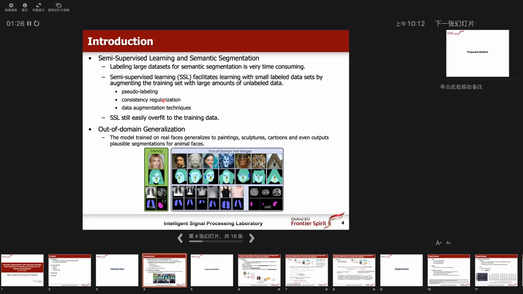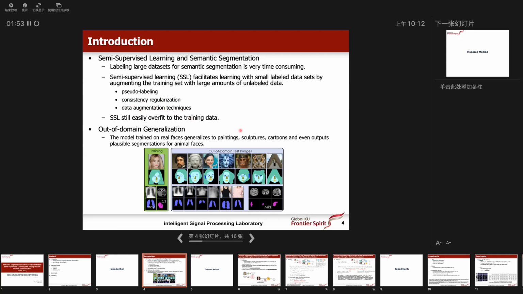The first one is pseudo labeling, the second is consistency regularization, and the last is data augmentation techniques. Even though semi-supervised learning has achieved performance improvement for semantic segmentation, it still easily overfits to the training dataset.